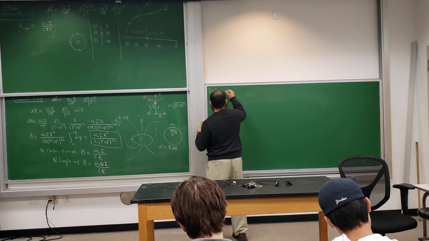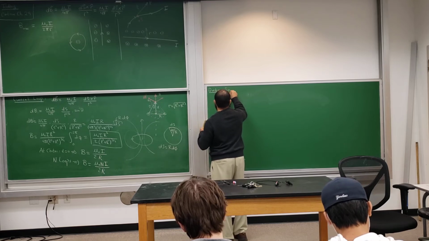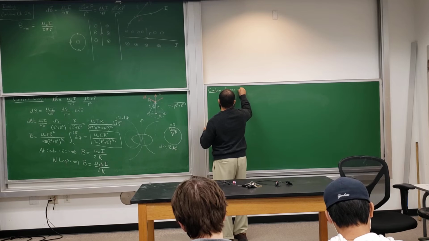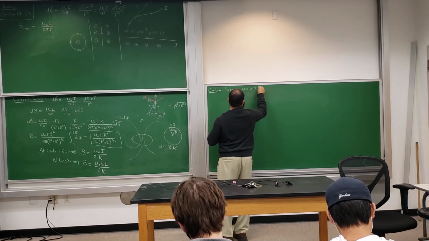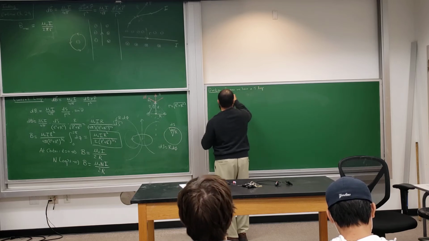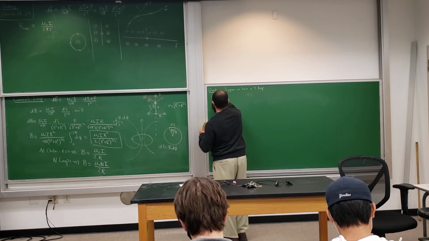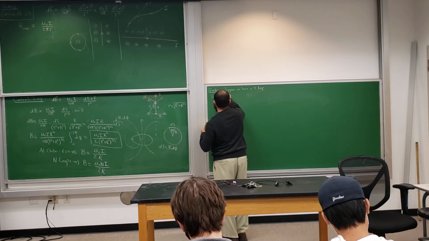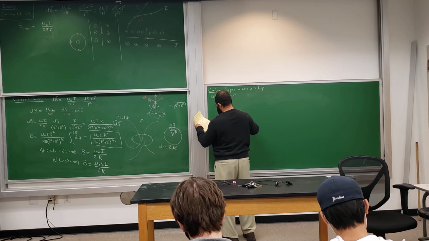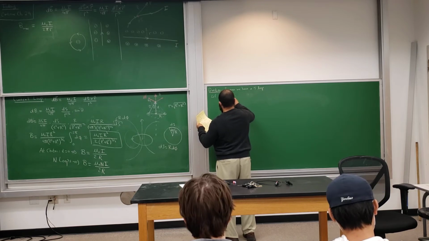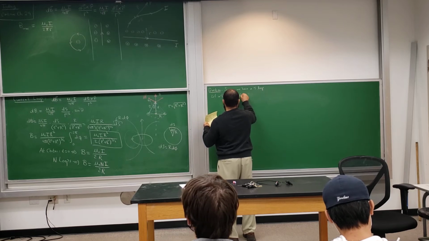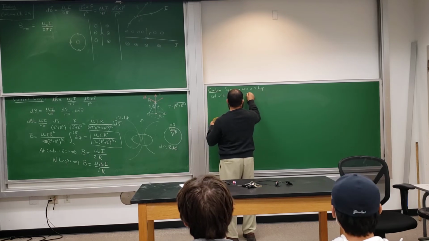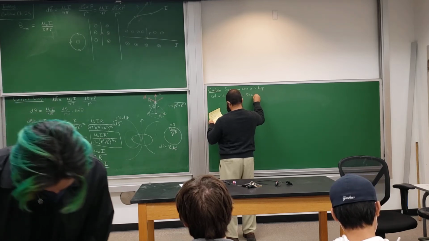Suppose we have a 5-loop coil with radius r equal to 5 centimeters.